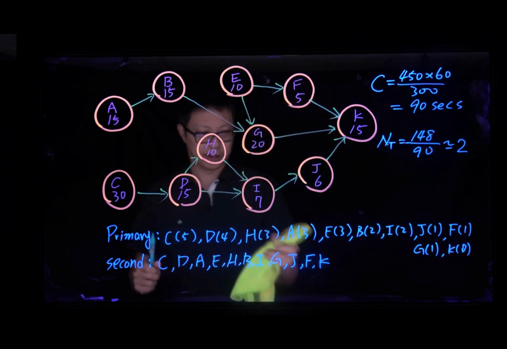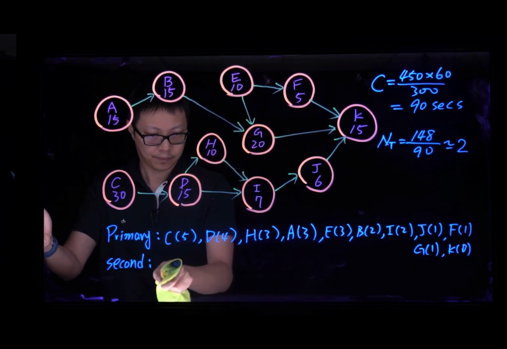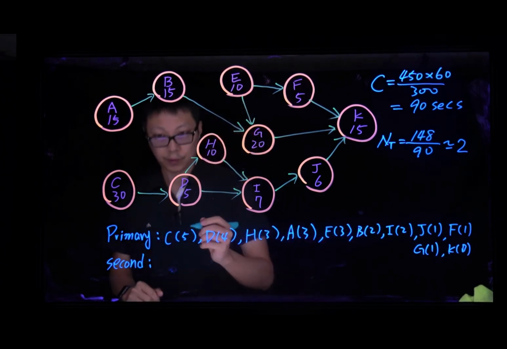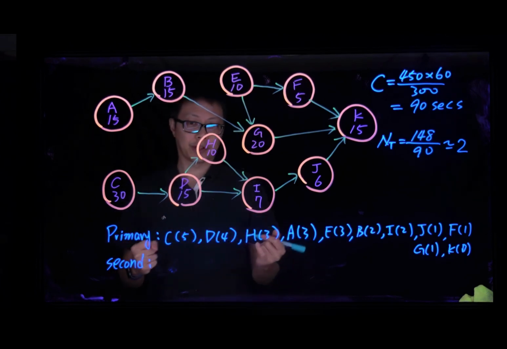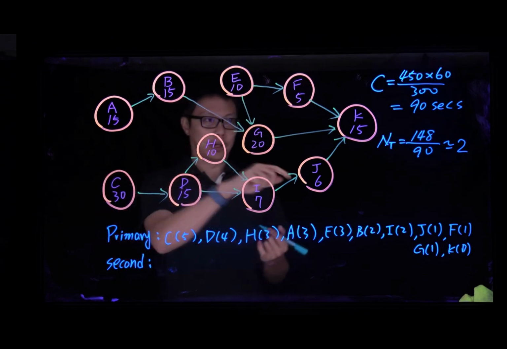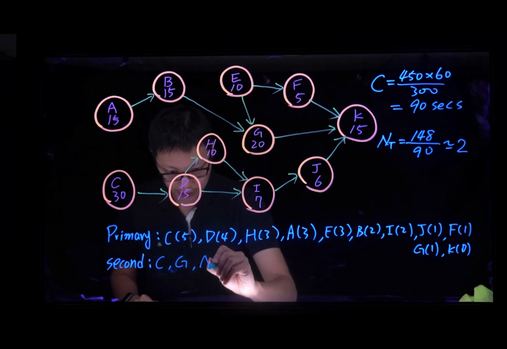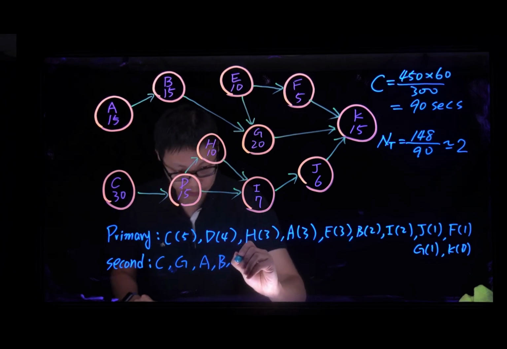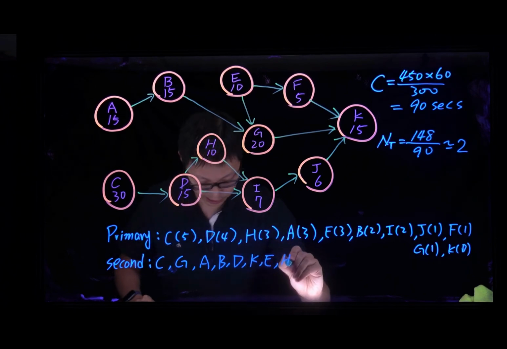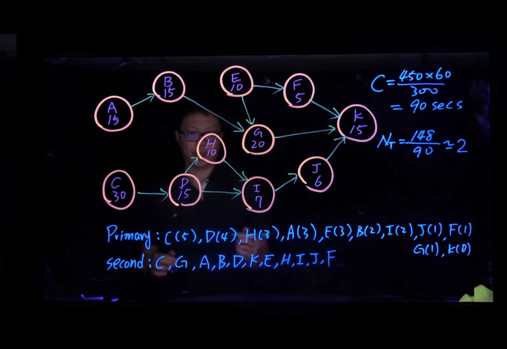You know, I made a mistake here, so let me erase this part. So the secondary rule will be, we want to sort the secondary rule from the highest to the lowest. So the highest will be C, followed by G, A, B, D, K, E, H, I, J, and F. All right.